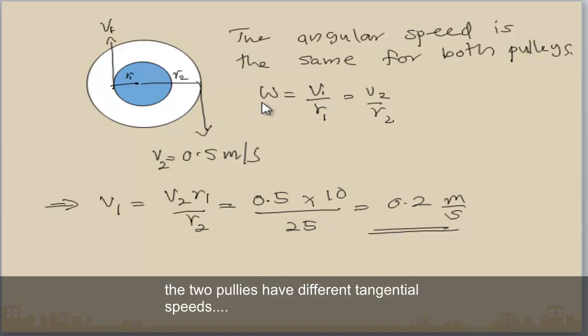For the smaller pulley, angular speed is its speed v1 divided by radius 1. For the larger pulley, the angular speed is its speed v2 divided by radius 2. Here, v1 and v2 are the speeds of a point at the outer edge, which is the same speed that is being pulled here, and the same speed that the weight is moving upward.